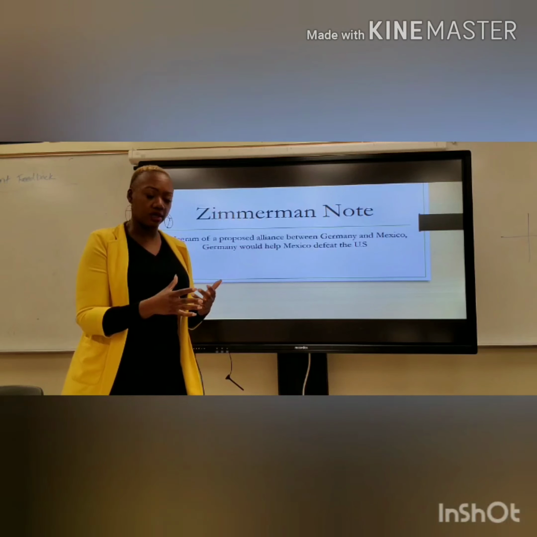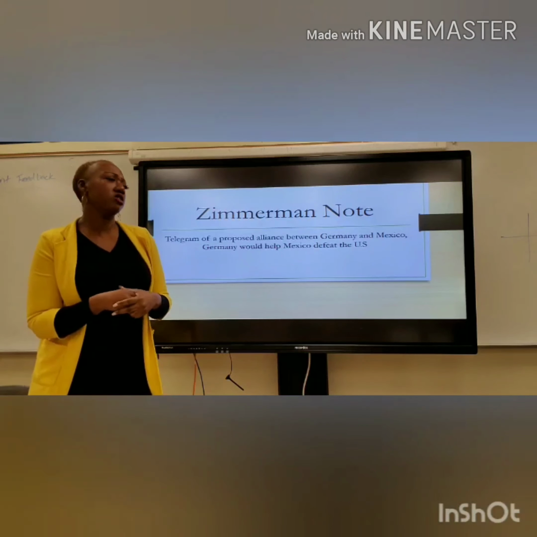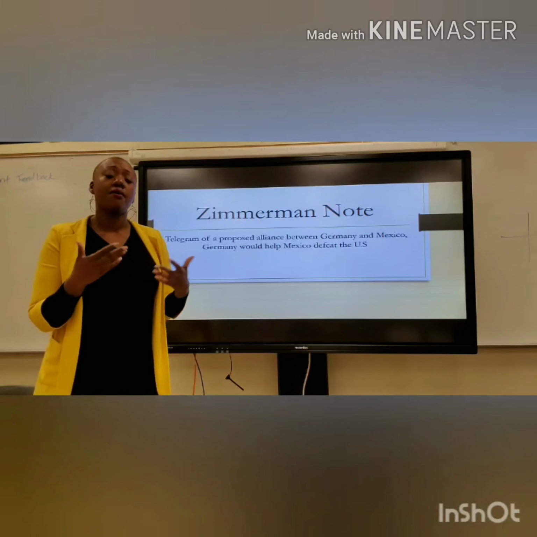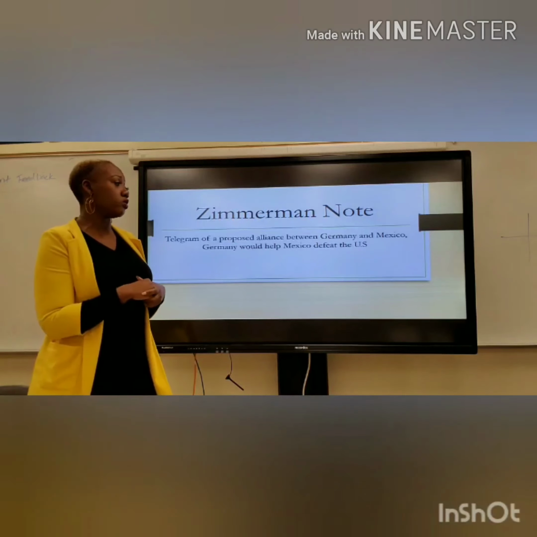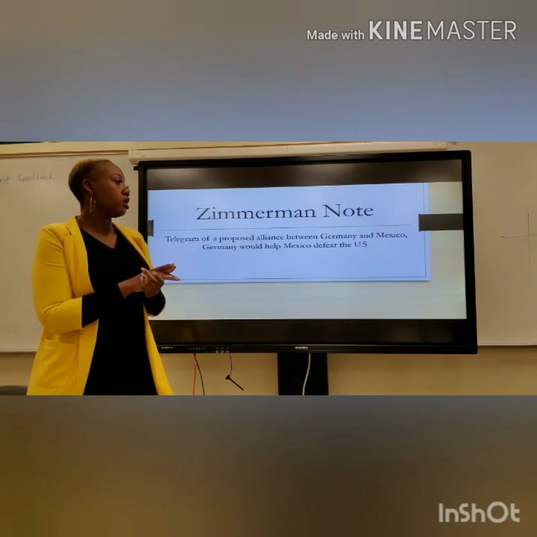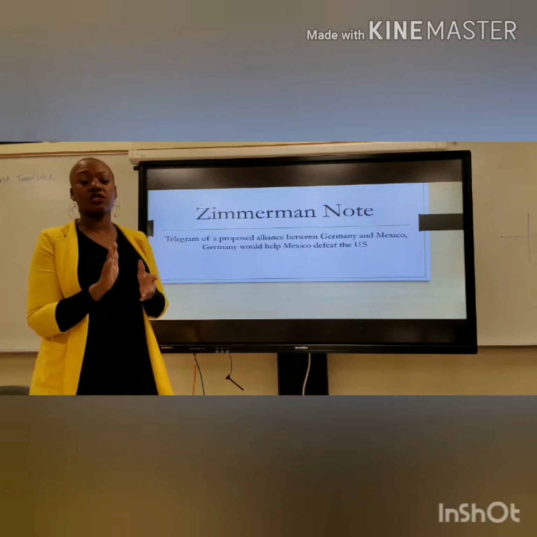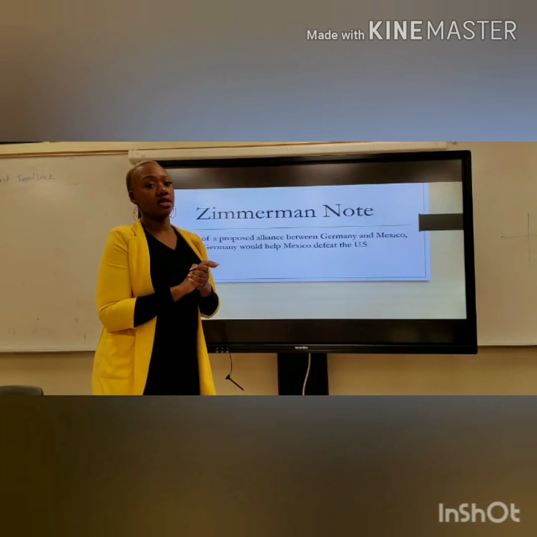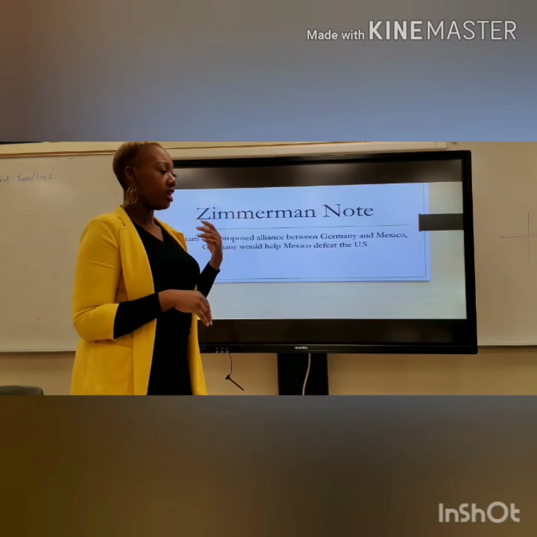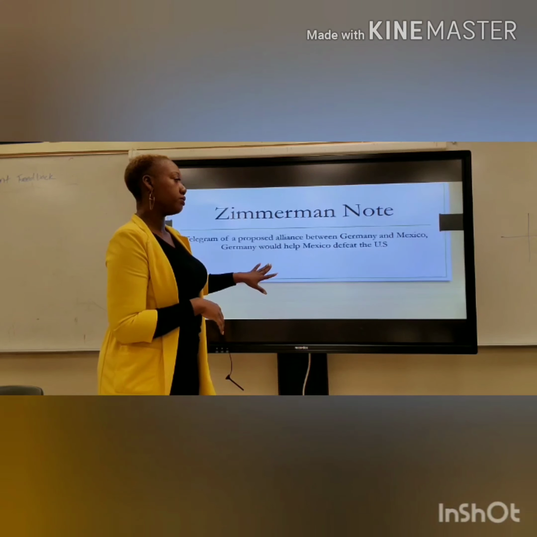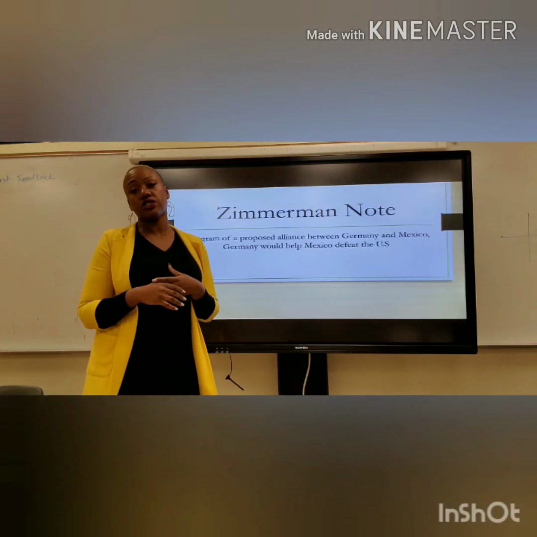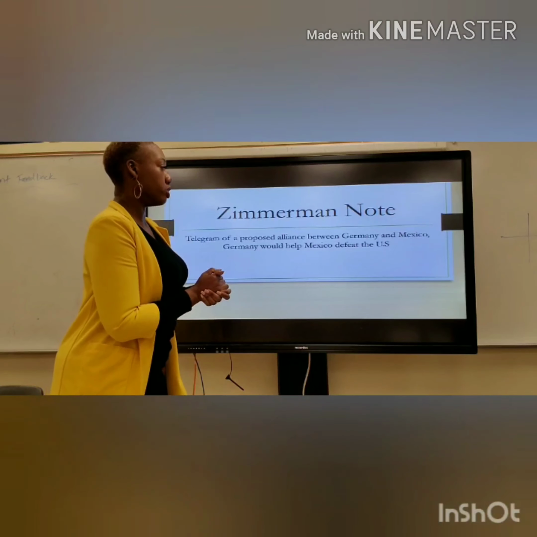We took it from Mexico many years ago, but the Germans tried to basically instigate a war between Mexico and the United States. And once we caught wind of that, we was like, oh, perhaps this neutral position that we're taking, we may need to think twice about it, because if they're willing to go this far to keep us out of World War I, then perhaps we should engage in World War I.